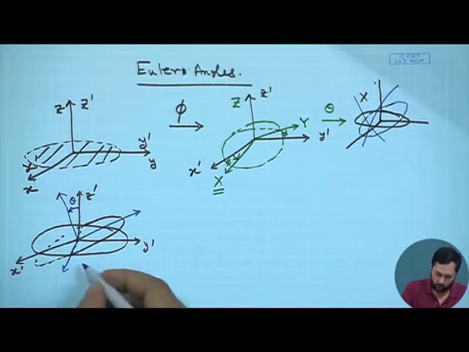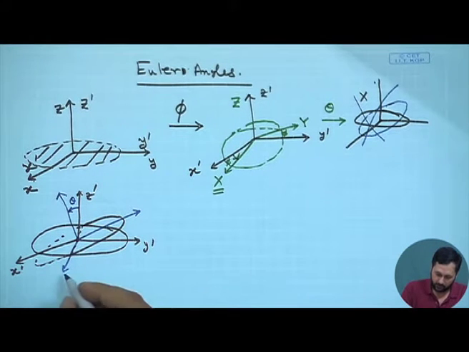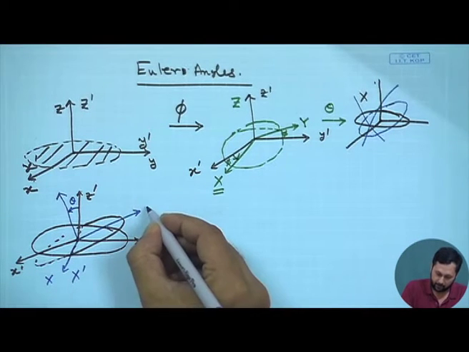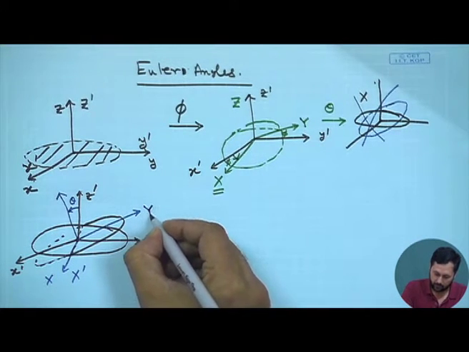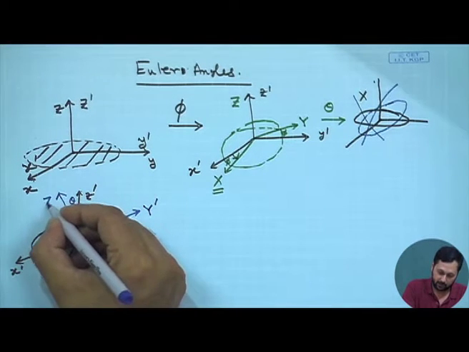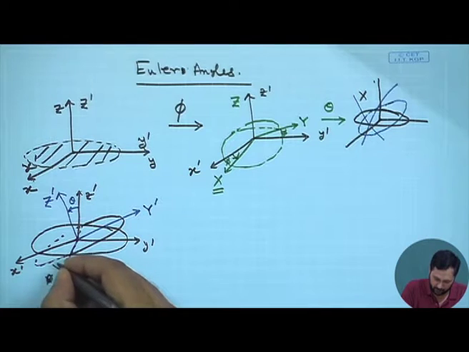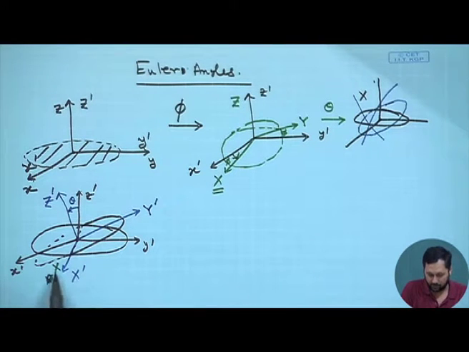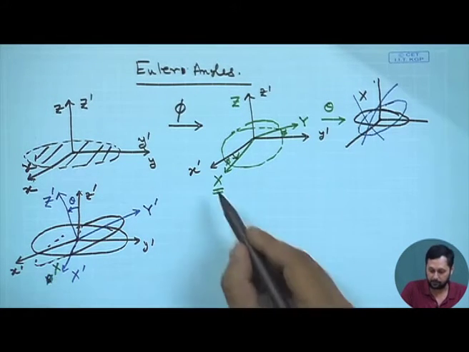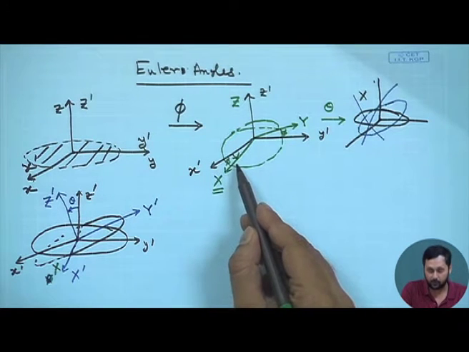Now what happens in this new set, which we call capital X prime, capital Y prime, capital Z prime, right? This capital X prime and capital X coincide with each other, because capital X is the axis after the first phi rotation.